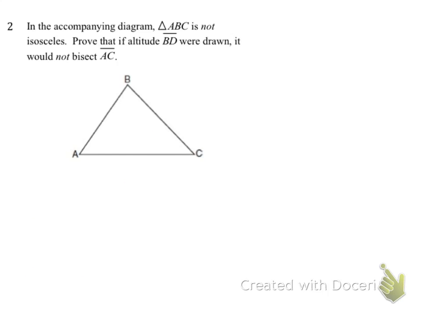Number 2. So here, in fact, this is an indirect proof question, where we actually have to write down the proof. Notice that triangle ABC is not isosceles. That's the given. But what we need to prove is that the altitude BD would not bisect AC.